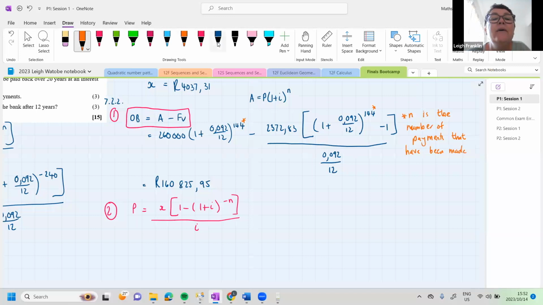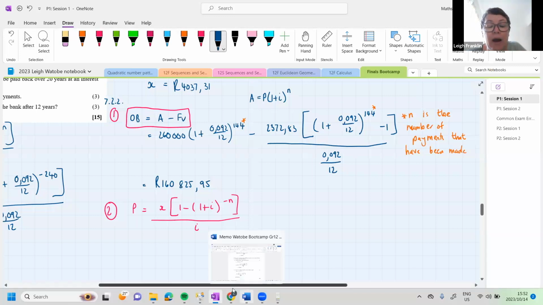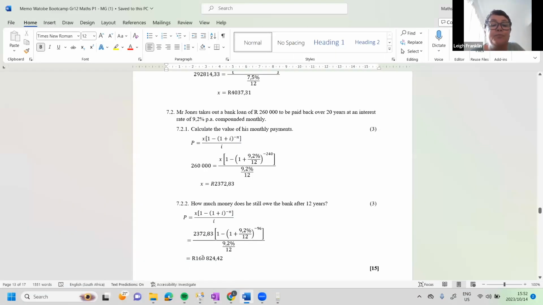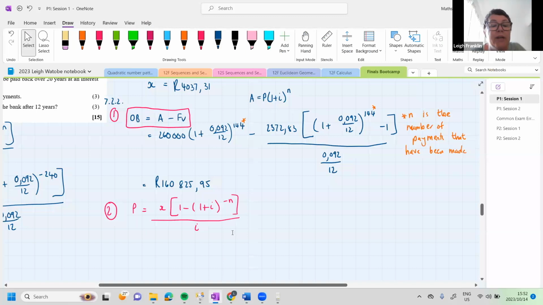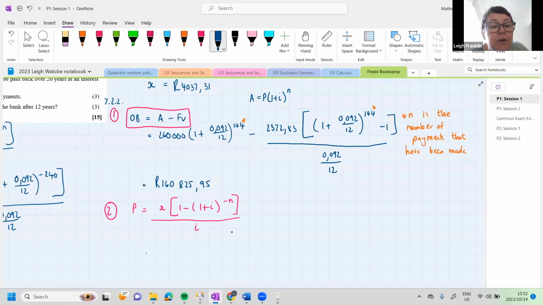Okay, so here, subbing into present value, we would put in our A value, which is the 2372.83, times 1 minus (1 plus i) to the power of minus n. Our interest rate is 0.092 over 12.